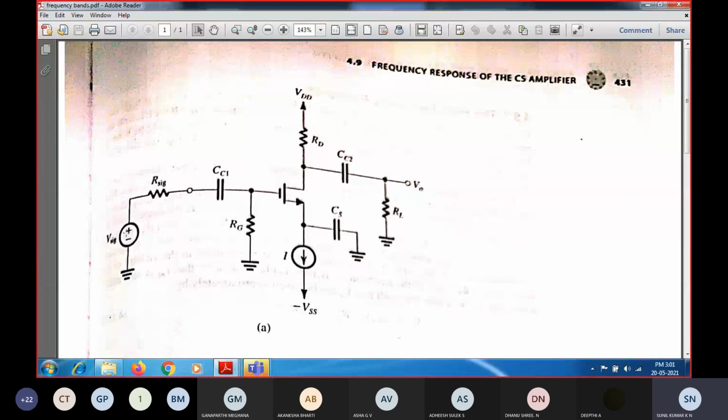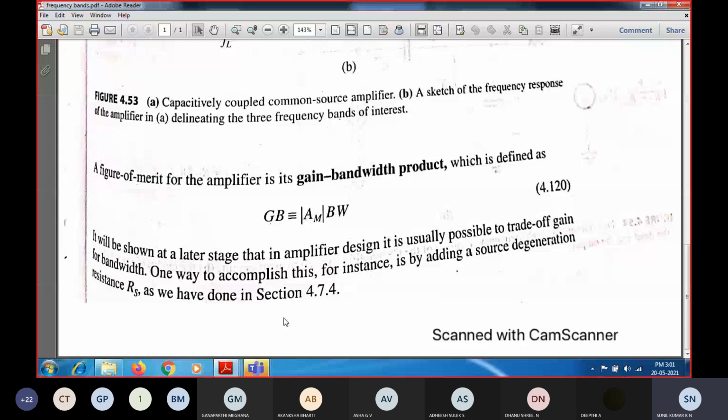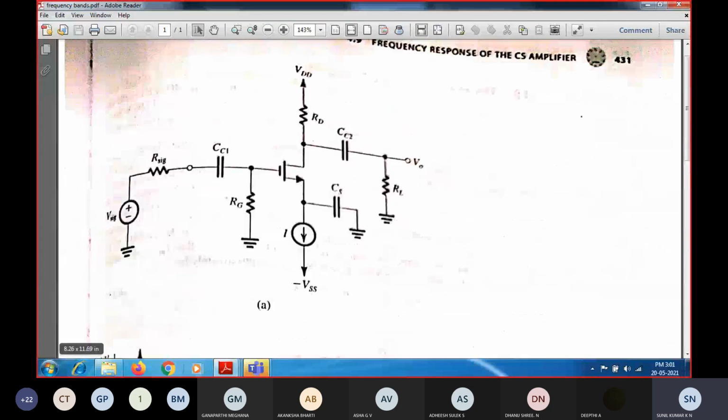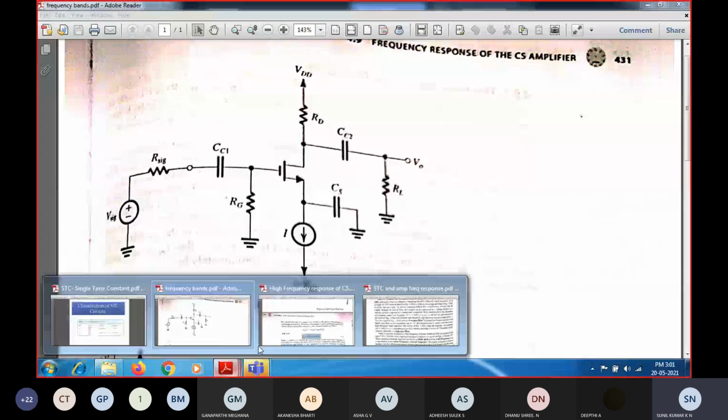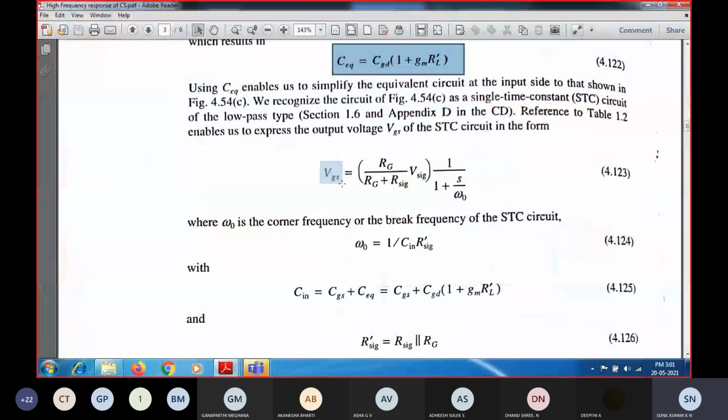So VGS will be equal to V signal into RG divided by R signal plus RG, into 1 divided by 1 plus S by omega naught. So that is the transfer function. Now we can easily find out the value of the high frequency response.